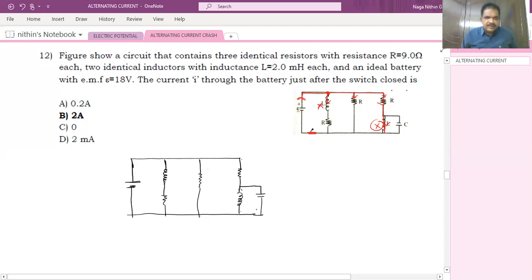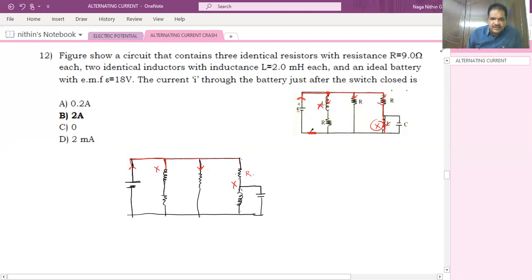Then what will happen just after the switching? Current will start from here and come to here. It won't travel through this way. Why is it not traveling at the start? The inductor has infinite resistance, so it won't travel. It will travel through this. It won't travel through this also. Why? This is some resistance value, they gave it as 9 ohms, and this inductor at the start has infinite resistance.